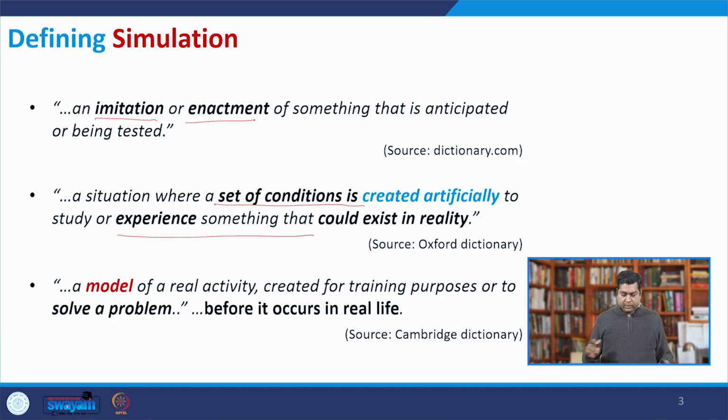Now coming to another dictionary, the Cambridge dictionary definition: it is a model of real activity but created for training purposes or to solve a problem before it occurs in real life. So the real life object is something, and here you are creating a scenario that looks like the real environment, but it is not.